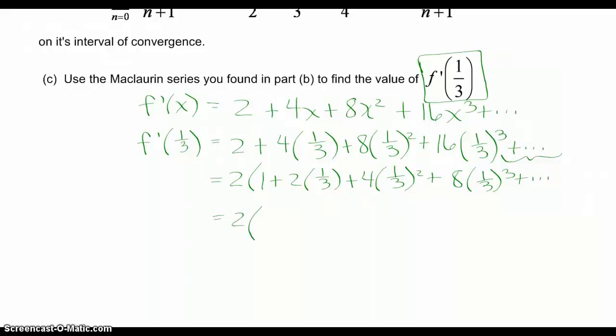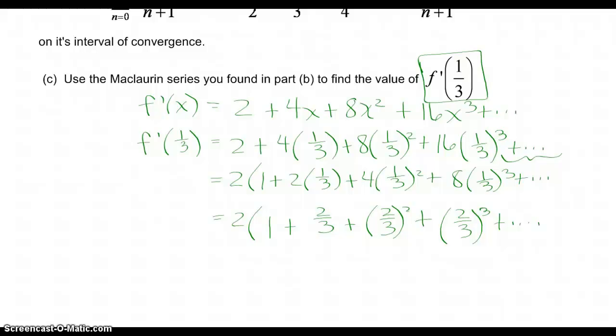So let's rewrite this as fractions. This is 2 squared times 1/3 squared. Couldn't I just write that as 2/3 squared? And then the next one is 2 cubed times 1/3 cubed. Wouldn't that just be 2/3 cubed?